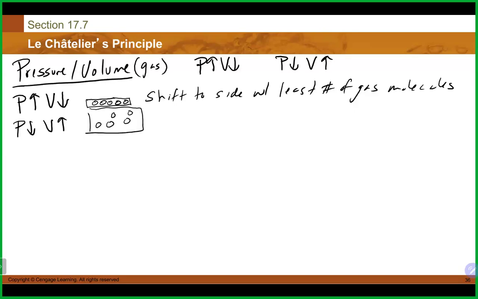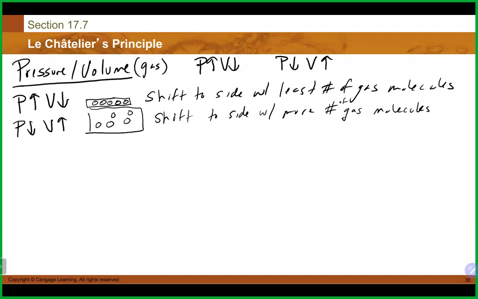So in this particular case, it will actually shift to the side with more gas molecules. That again is also dependent on the equation you're looking at. The idea there is that more gas molecules will cause the pressure to go back up from going down.